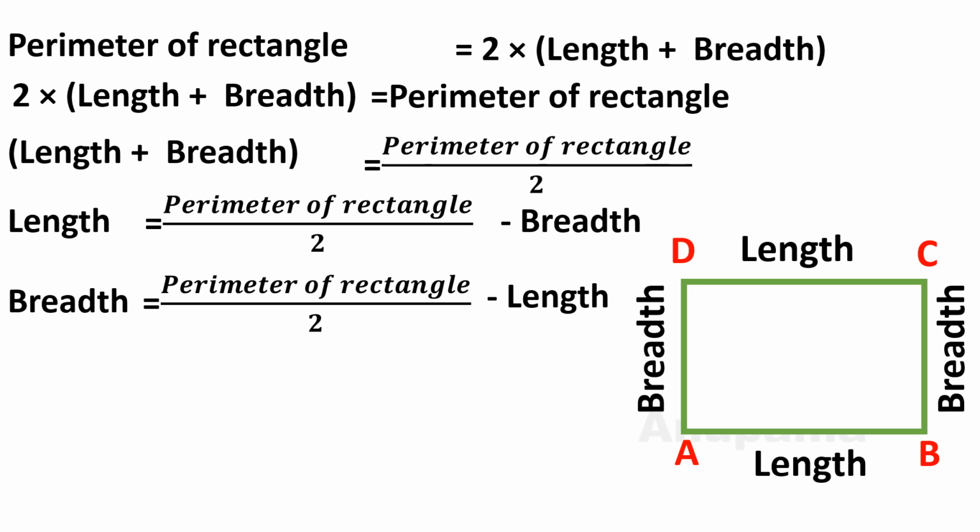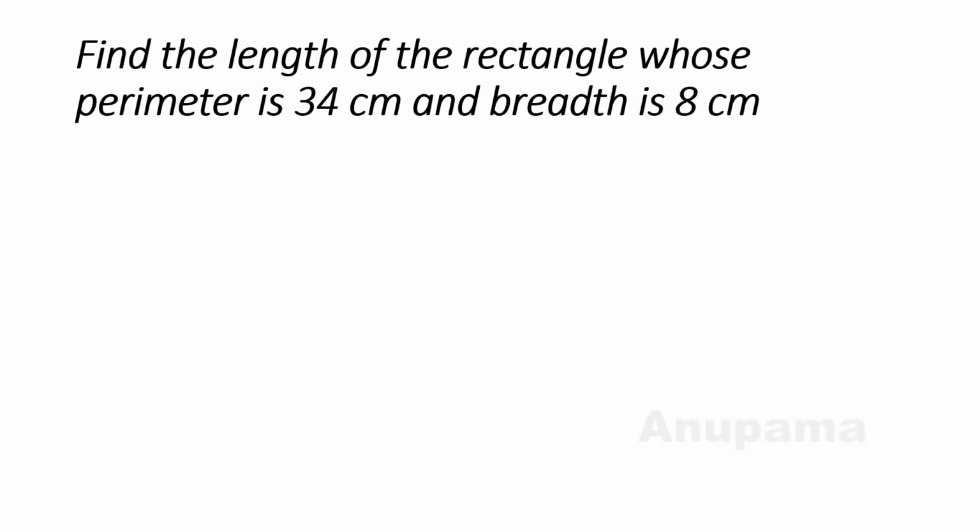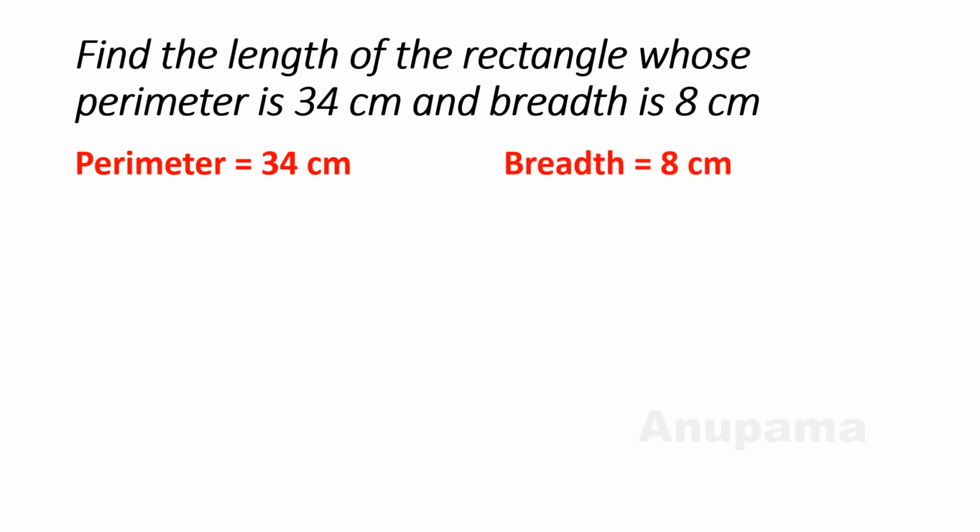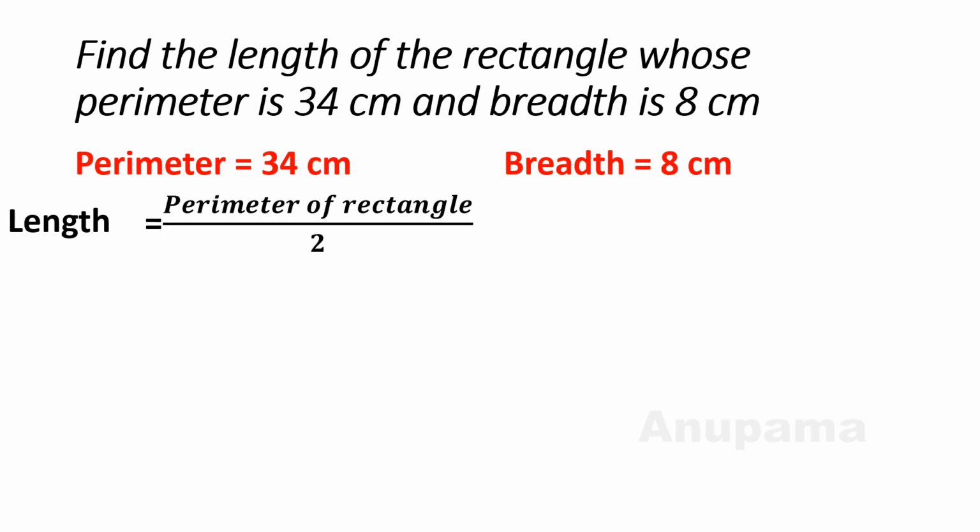So let us do few questions related to this. Here is your first question. Find the length of the rectangle whose perimeter is 34 centimeter and breadth is 8 centimeter. So what are the things given to you? One is perimeter of rectangle which is 34 centimeter and breadth which is 8 centimeter. You need to find out the length and we already have a formula for length of rectangle, that is length equals perimeter of rectangle divided by 2 minus breadth.